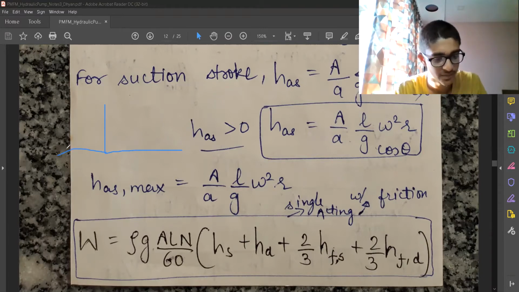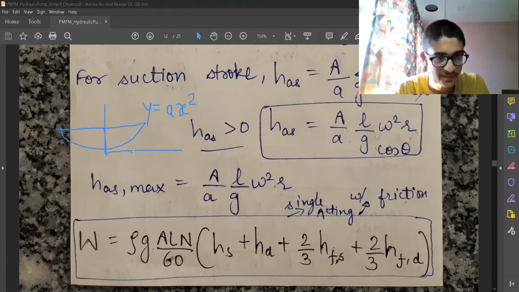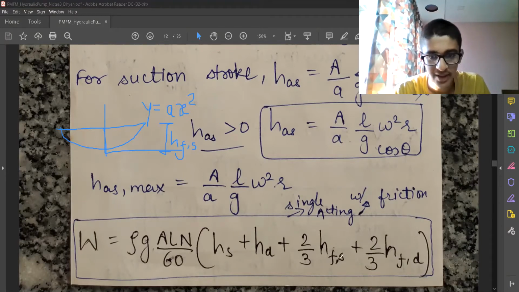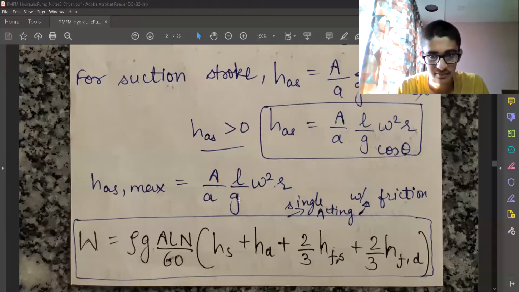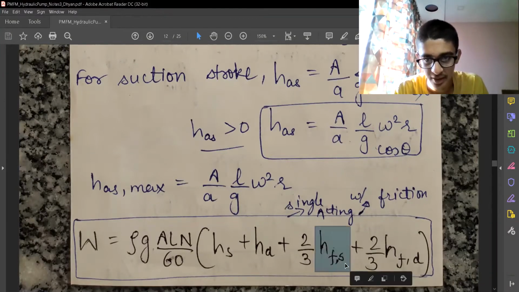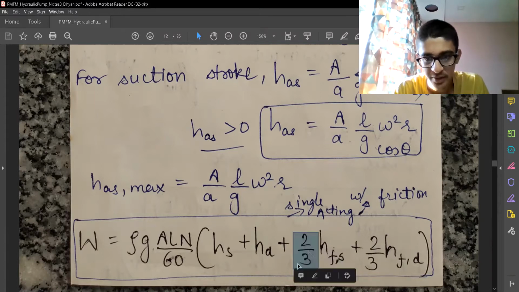Let's say we have a parabola like this, y is equal to a x square, and this height is, let's take the suction side, hfs. The area of this parabola will be 2/3 hfs. That is the result of area integration. So just remember, when we take friction into account, the coefficient should be 2/3.